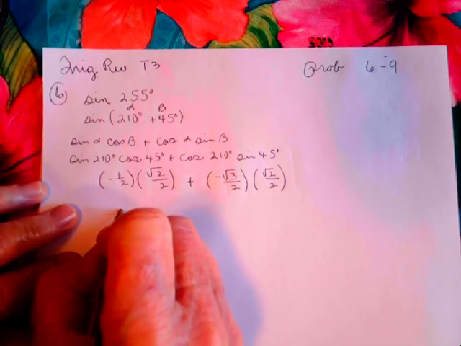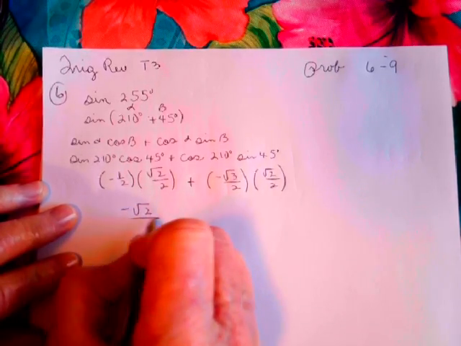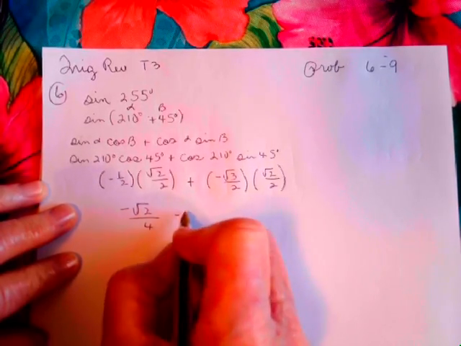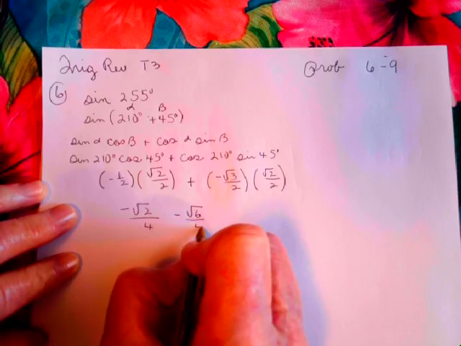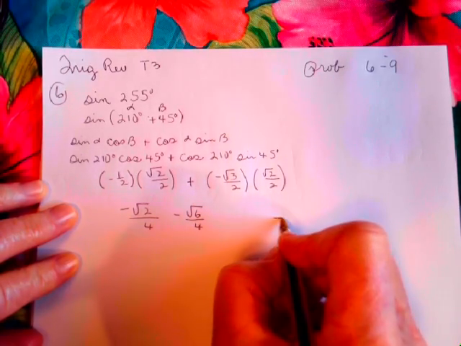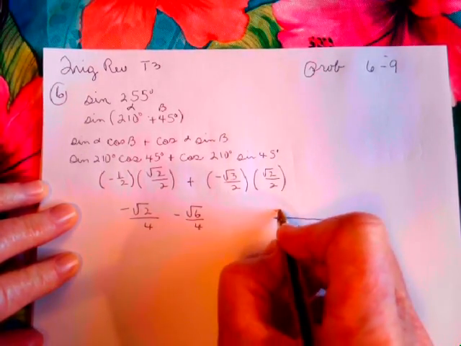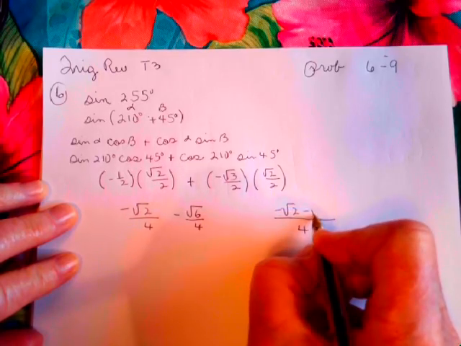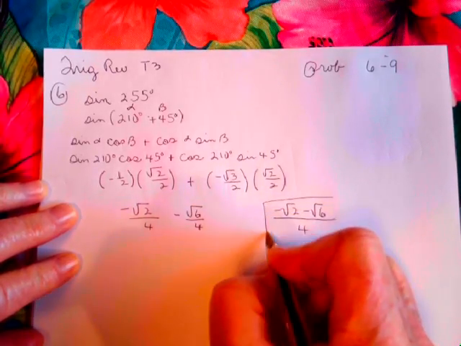Simplify, you get negative square root of 2 over 4 minus the square root of 6 over 4. Final answer, negative square root of 2 minus the square root of 6 all over 4.